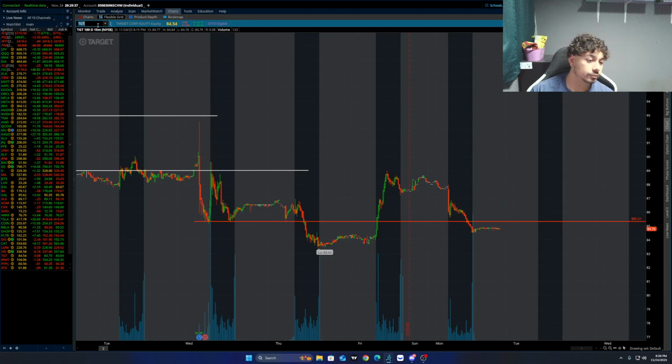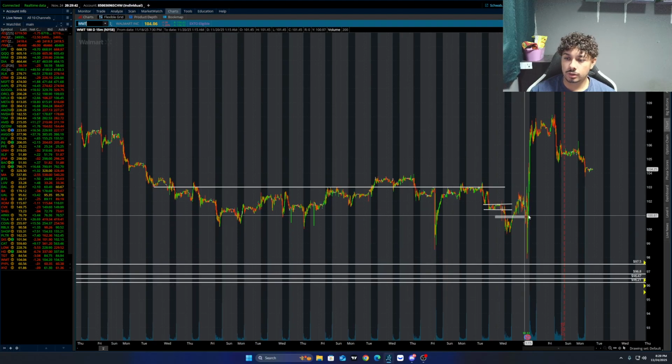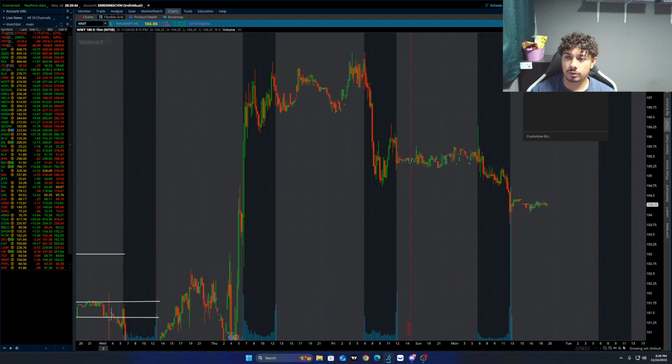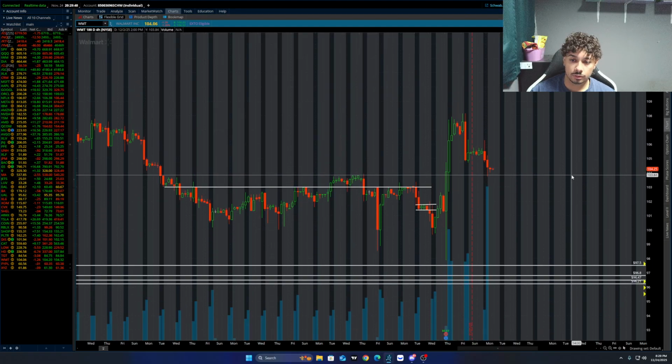So yeah, I also got Walmart. I don't think we said anything for Walmart because I don't have any levels here. But let's look at this. Okay, so we're getting some type of bounce from this area. Let's make another level here just to make it easier for you guys.